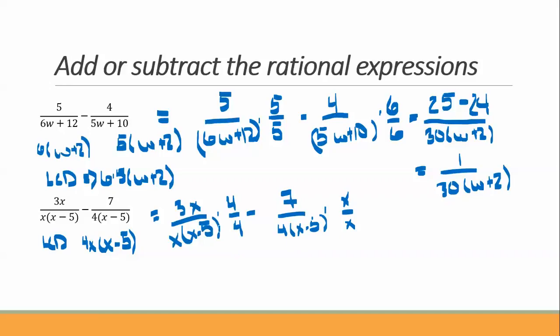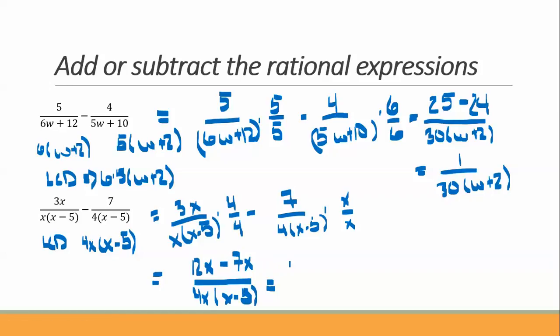Now we're going to do our actual multiplication. So 3x times 4 is 12x, minus 7 times x is 7x. And remember before, there's nothing to distribute for the minus sign, that's why we can put it over one fraction right away. And that's all going to be over 4x times x minus 5.